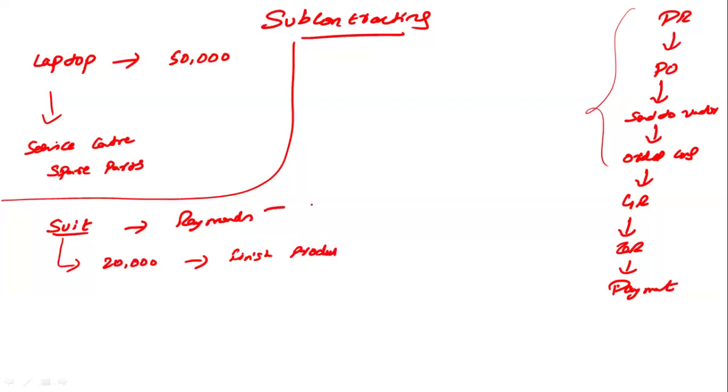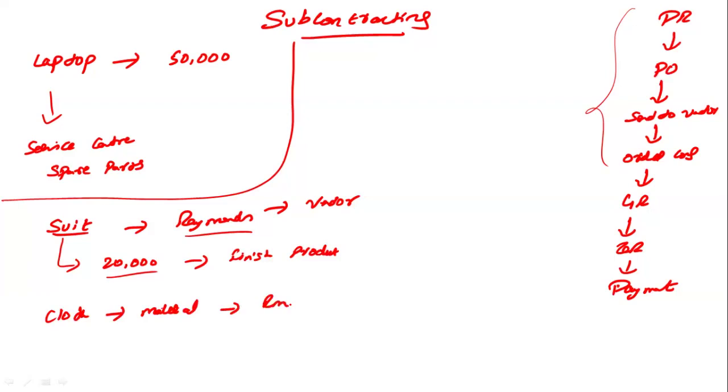So what happens? Raymond's will become your vendor, and you are the customer. You are going there and buying a suit directly, which is ready to fit. In the same case, you will go to the Raymond's vendor and you will not buy the suit. You will just buy the cloth as a material. That is the raw material.